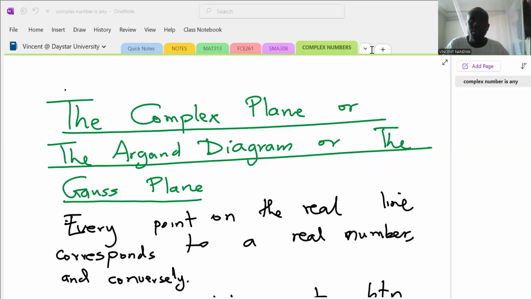So welcome. In this session, you're going to discuss how to represent complex numbers on a diagram. The diagram we use to represent complex numbers is called the Argand diagram or the complex plane. For any given complex number, we can always represent it in a plane, similar to the way we represent points in the Cartesian plane for the case of real numbers.